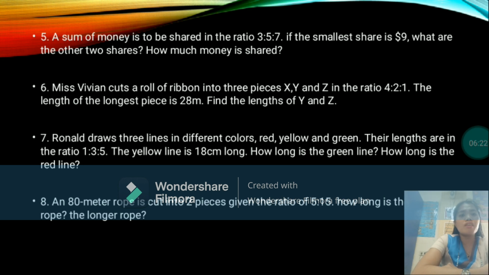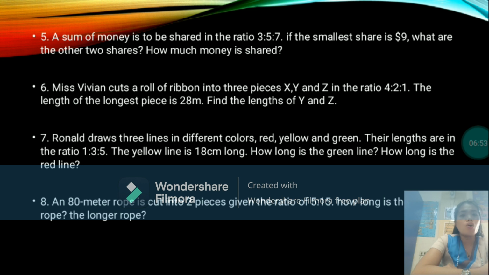If the smallest share is $9, what are the other 2 shares? How much money is shared? Number 6. Miss Vivian cuts a roll of ribbon into 3 pieces x, y, and z in the ratio 4:2:1. The length of the longest piece is 28 meters. Find the lengths of y and z.